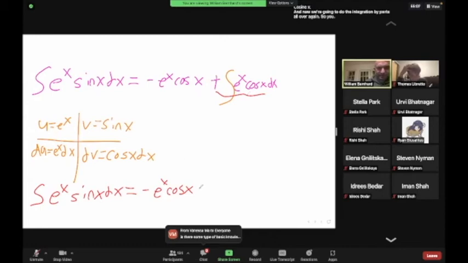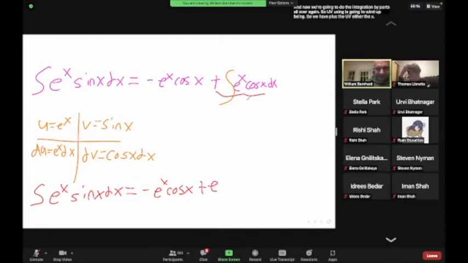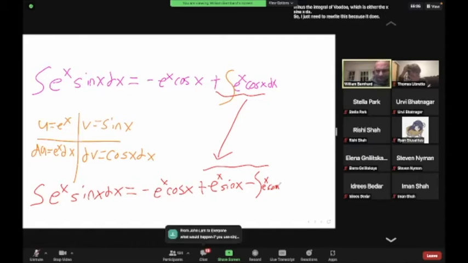So uv is going to wind up being, so we have plus the uv, e to the x, I'm doing this part right here. uv is e to the x sine x. And then, of course, it's going to wind up being minus the integral of voodoo, which is e to the x sine x dx.